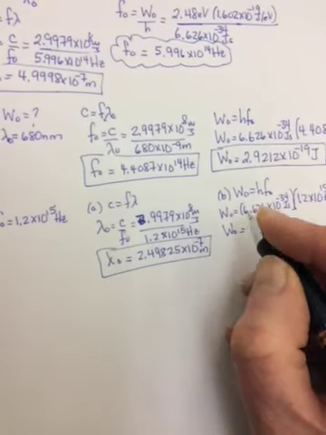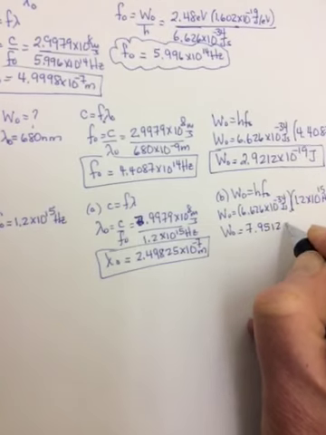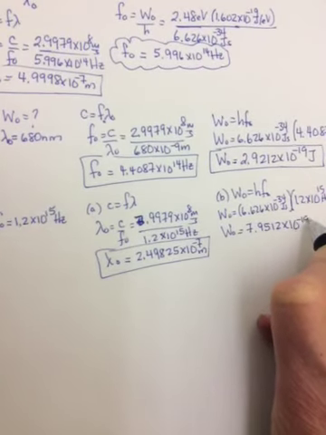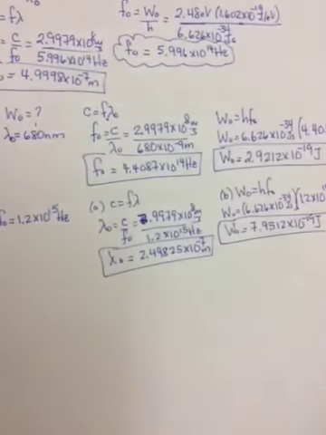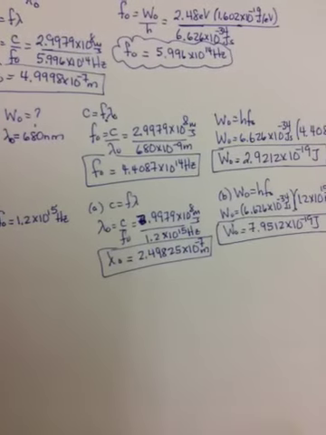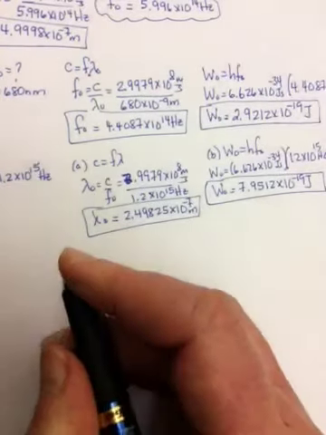WO will equal 7.9512 times 10 to the negative 19 joules. And it doesn't say in electron volts, so we can leave it in joules.